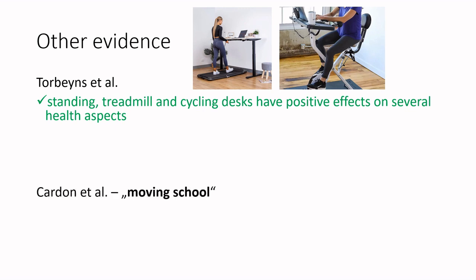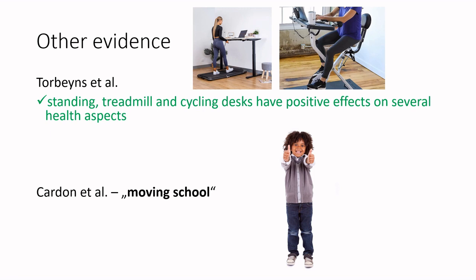Carden et al. conducted a study which was examining the potential benefits of so-called mobile school on children. In mobile school, sitting is replaced by dynamic sitting, standing, or walking around.